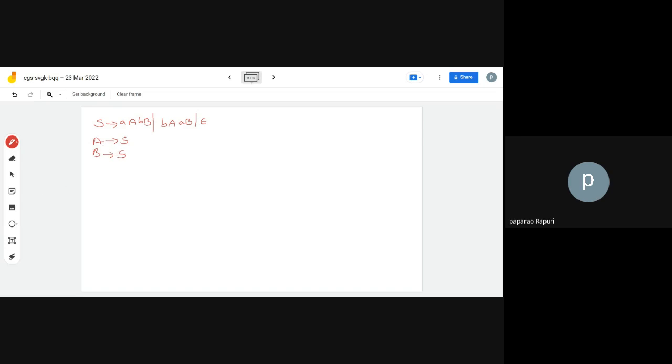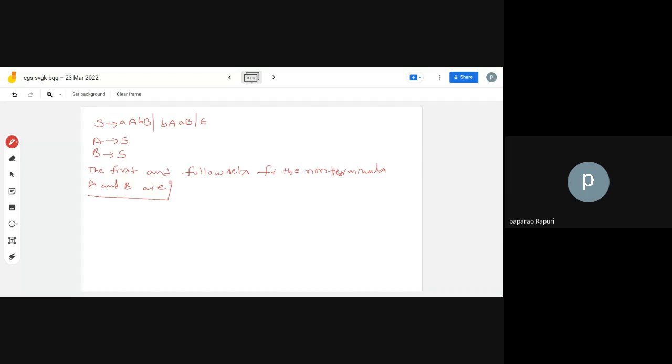The first and follow sets for the non-terminals A and B are.